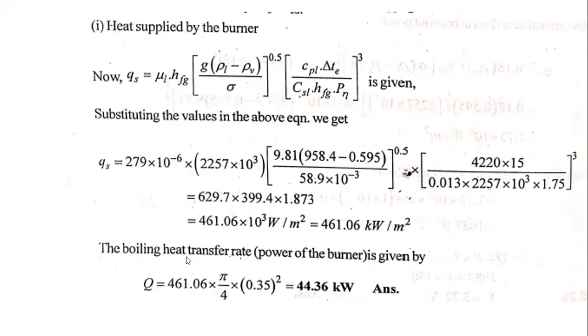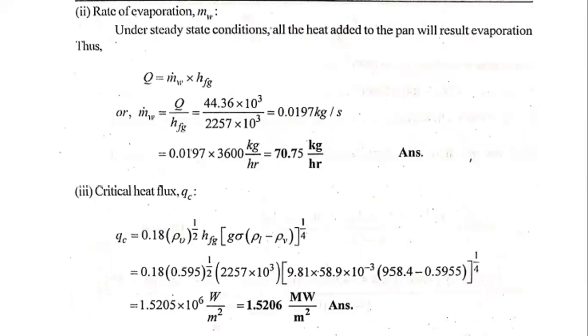Similarly, the boiling heat transfer coefficient is given by Q, which is 461, the value of Q, and the surface area. Therefore, with the d square, we get the total heat transfer, and when we divide this total heat transfer by the enthalpy, we get the mass flow rate, which was 70.75 kg per hour.